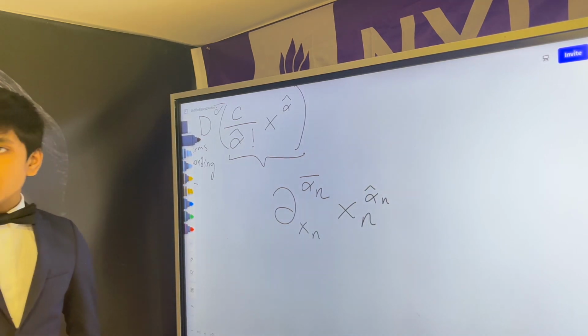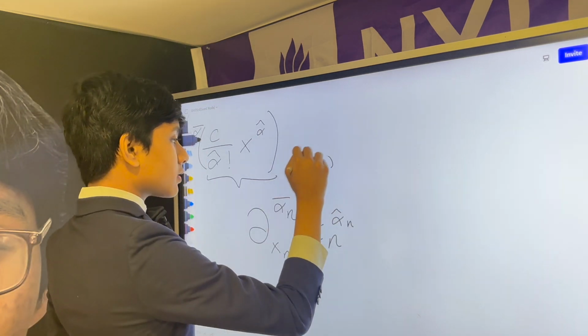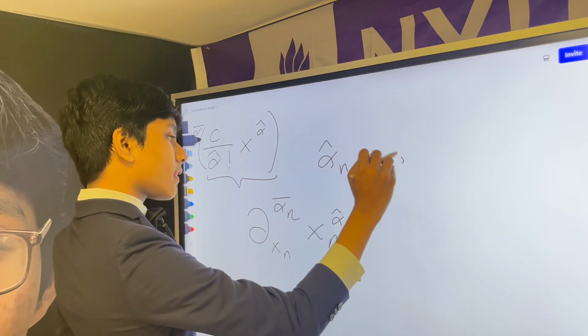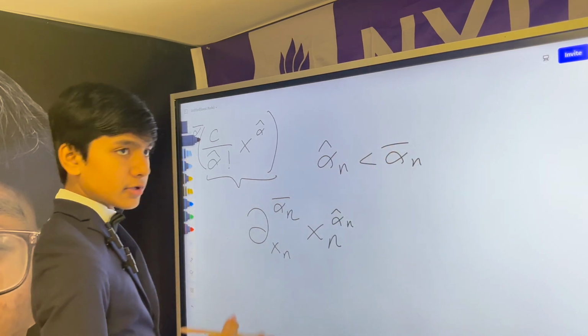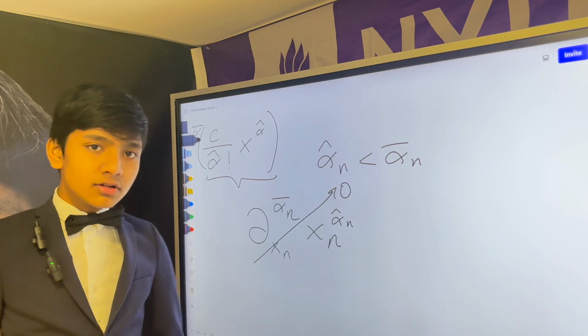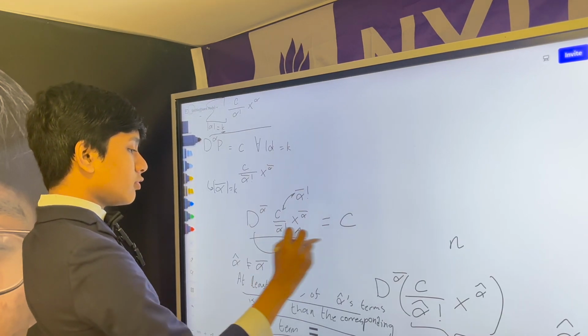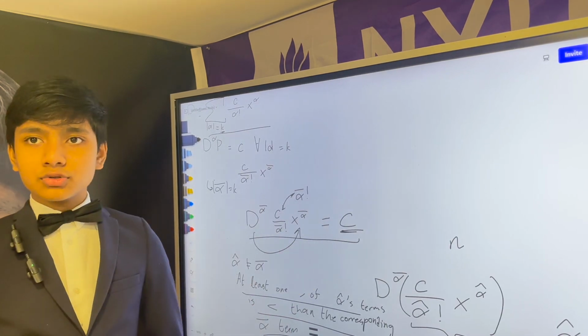Our assumption is that n is one of the indices where this happens, which means that every single term other than the one that matches up right here, which gives us c, is going to go to 0.